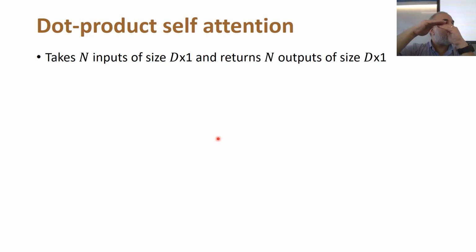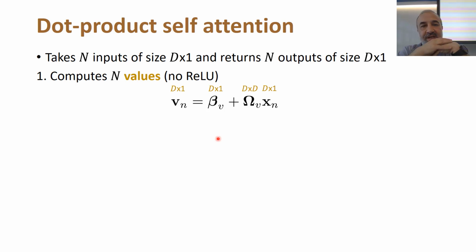We'll start with the level of detail where we say self-attention is just 2 steps. Step one, step two, and then you will see that step two has a lot of stuff, so we'll take step two and get into it. The first step of the self-attention, you can call it a layer or sub-layer, is to compute what we call values.